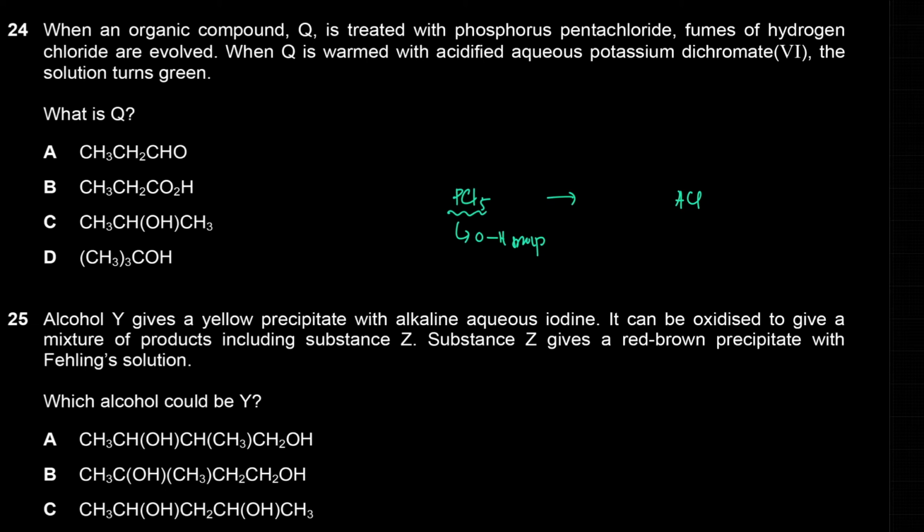So that could be, obviously, the acid, or any of these two alcohols. But they're also saying that with acidified dichromate, the solution turns green, from orange to green, right? So that means this species undergoes oxidation. Now the carboxylic acid has an OH group, but will it undergo oxidation with dichromate?